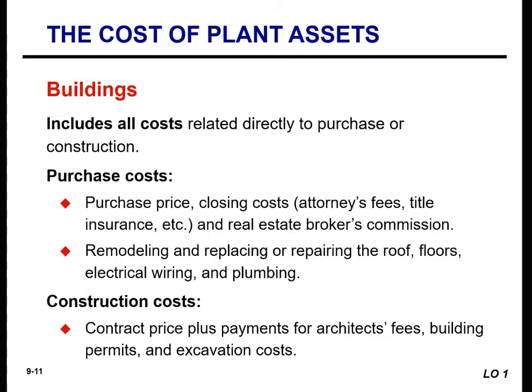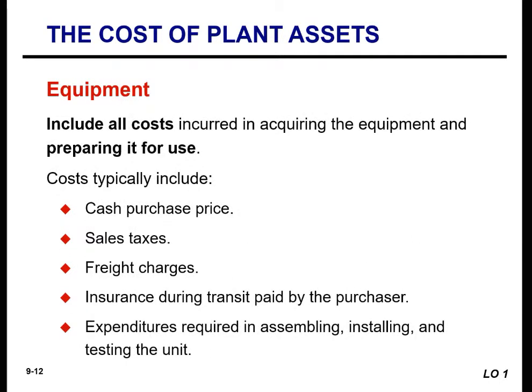We need the equipment for whatever it is that we do, whether it is sales or manufacturing, service, we would need equipment. Equipment includes assets that are used in the operations, such as store checkout counters, office furniture, factory machinery, delivery trucks, airplanes.